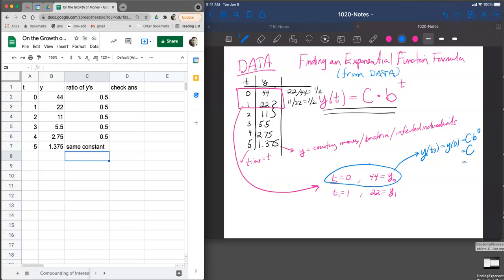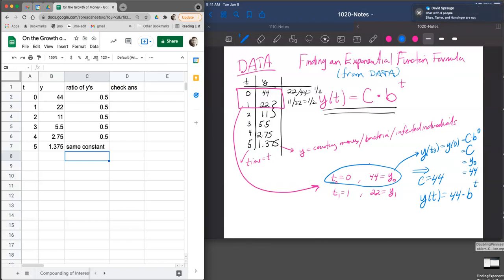But we also know that y at time 0 is y0, which happens to be 44. So this tells us that our constant is always the initial value, the initial count. At this point, we can say that our function y of t is equal to 44 times some number b to the t.